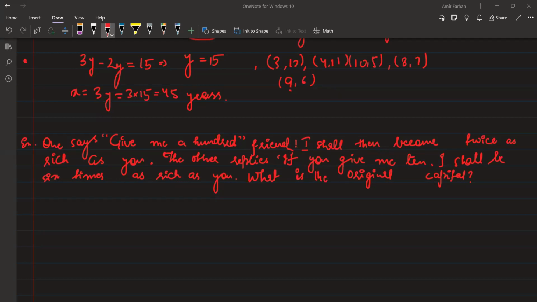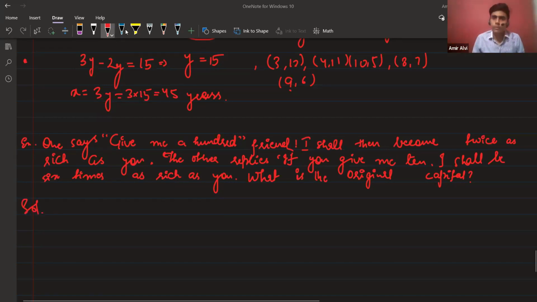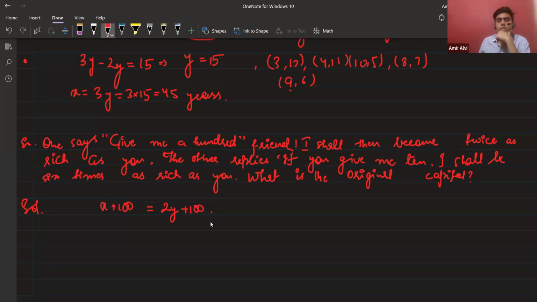Any answer? I got the equations. What's the equation here? Sir, I'm confused with the question. One by one. x plus 100 is equal to 2 into y plus 100. Okay, this is Hiba's answer. Adil, what's your answer? Sir, I'm confused with the bracket. 2y in bracket. Yes, sir. Okay, Adil, what's your answer?